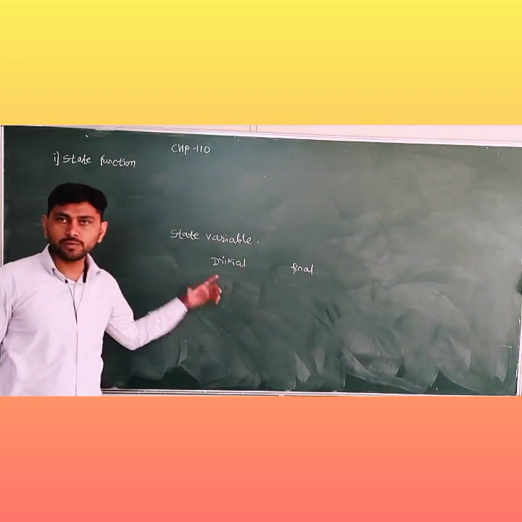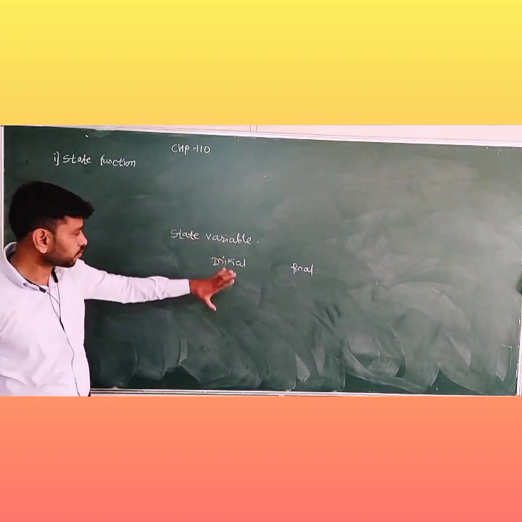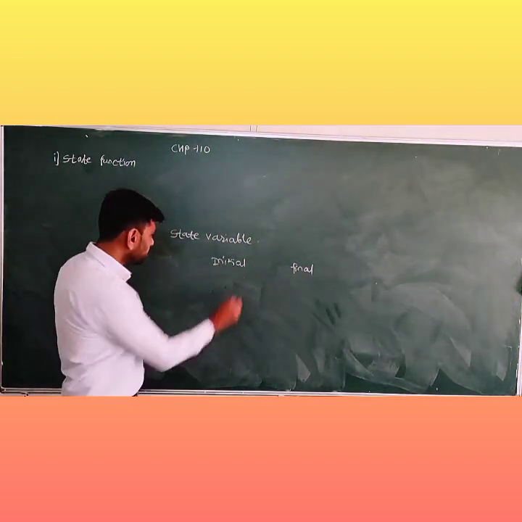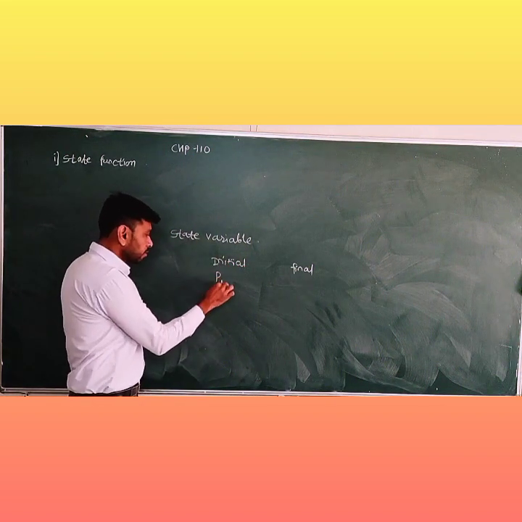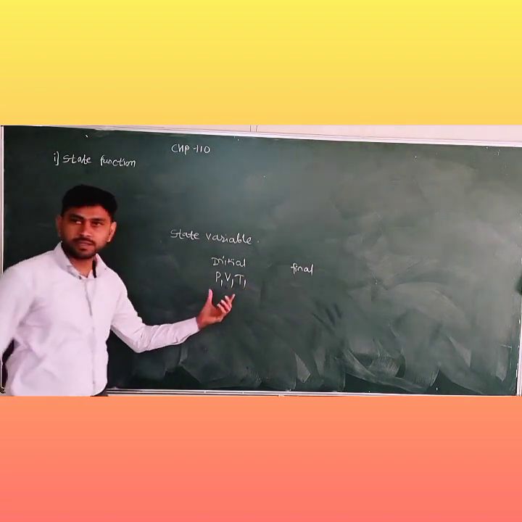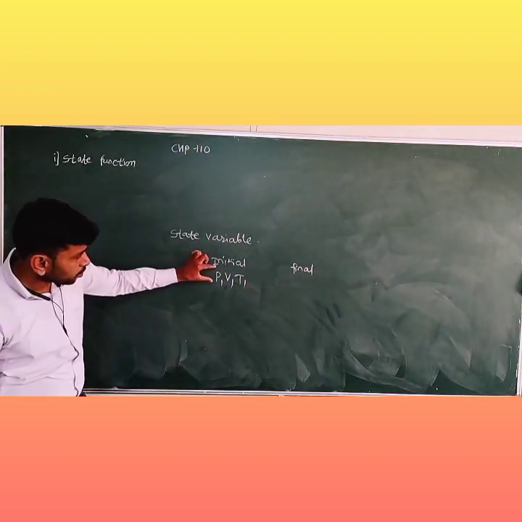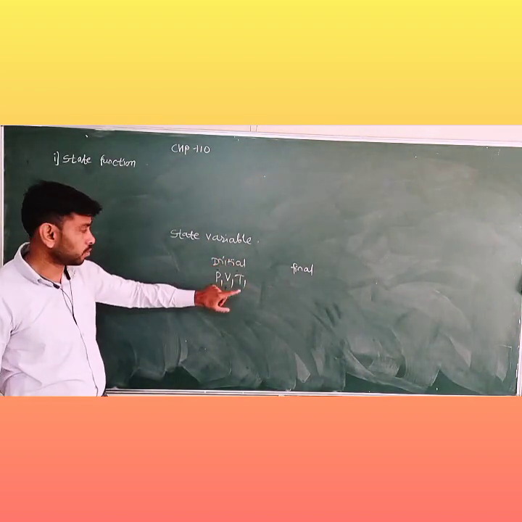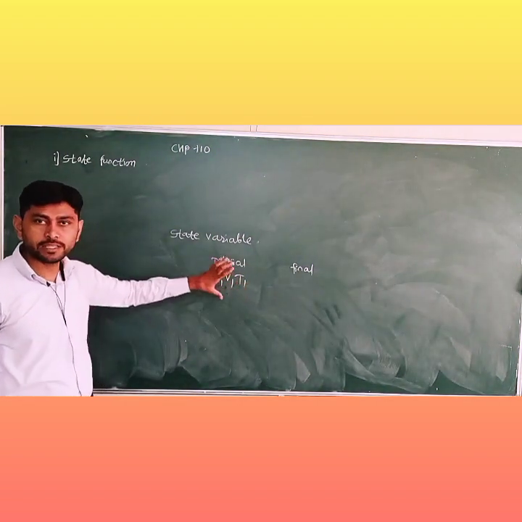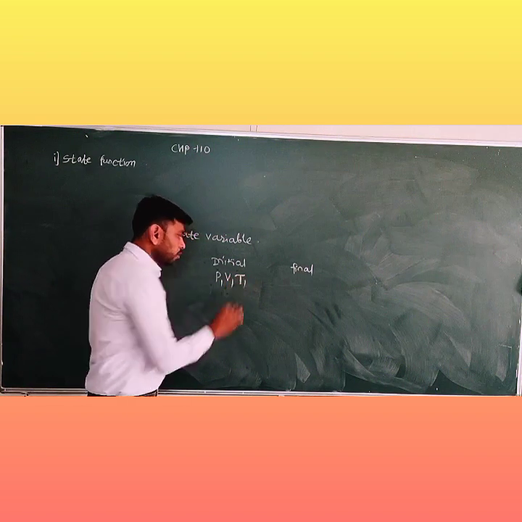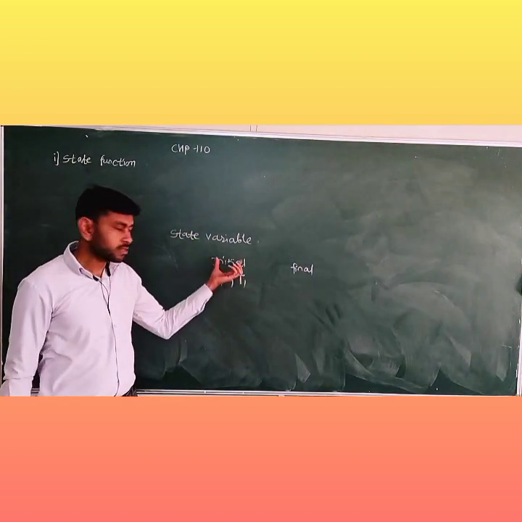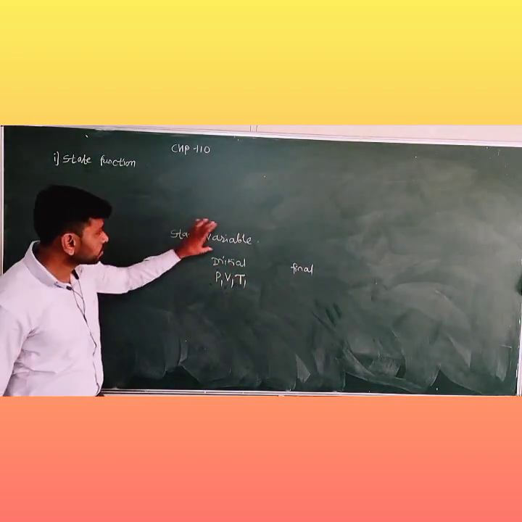If they have a fixed value, then it is called a state of the system. So the initial state and final state are defined by state variables such as P1, V1, T1. The values of pressure, volume, and temperature define the state of the system. They do not change with time, that's why it is a particular state. So these are state variables.